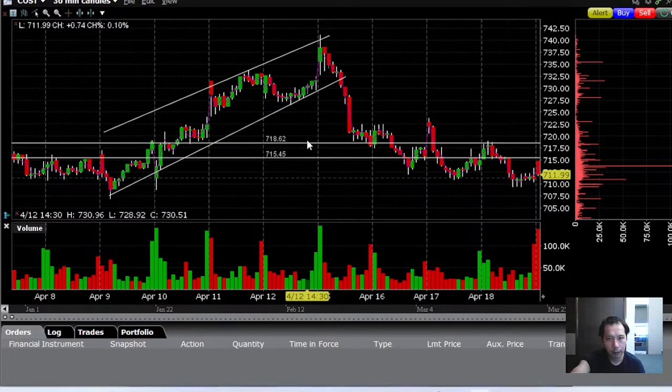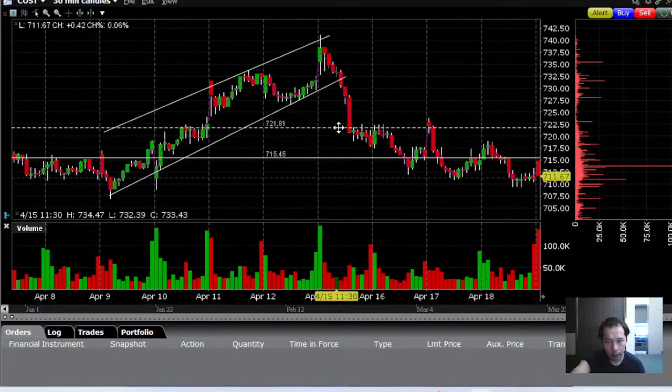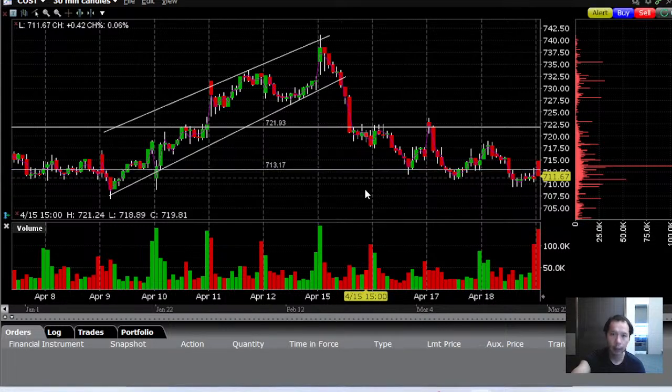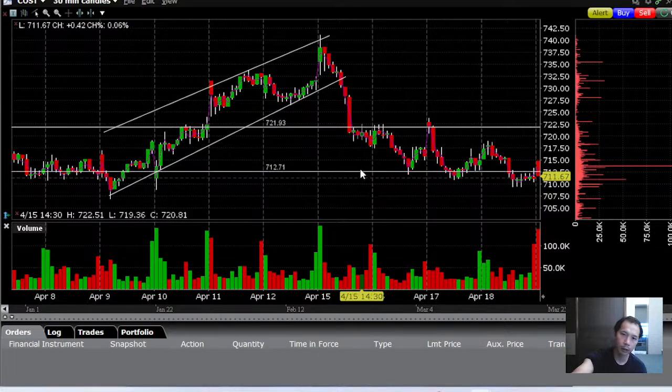We have these resistance levels forming at, I would say, 713. So clearly this stock is affected by poor economic data.